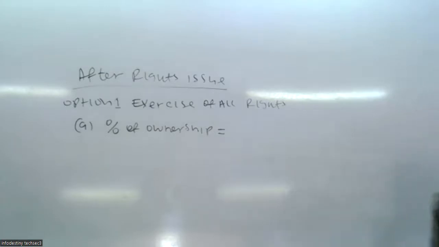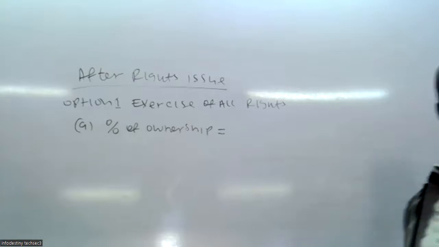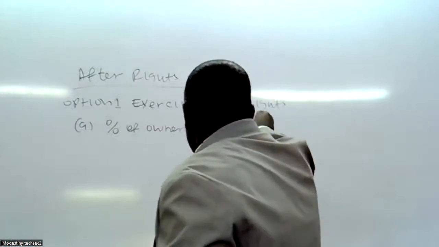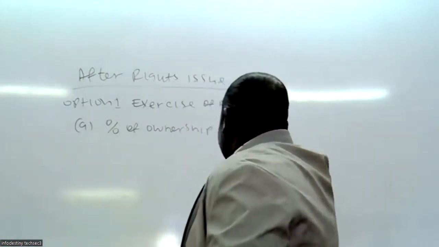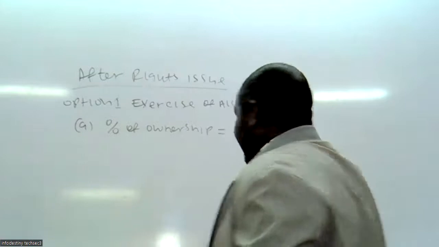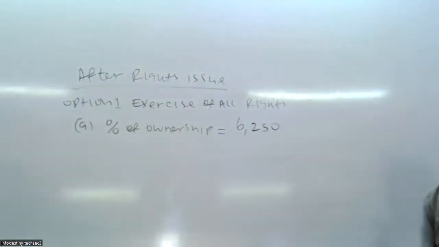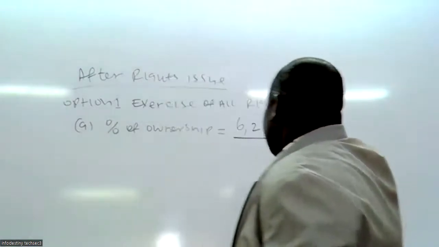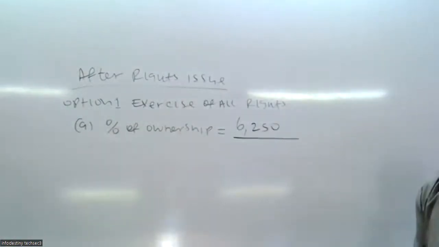After the right issue, we calculated the total number of the shares. They came to 6,250,000. Yeah. So after the right issue, the shareholder has 6,250,000. Then also after the right issue, how many total shares were there in the company when we added the 2.5 on the 10 million?